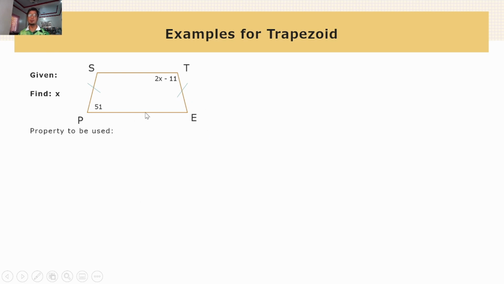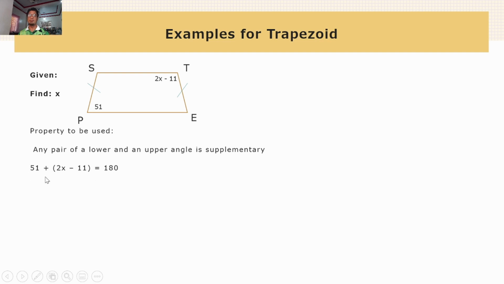Now, property to be used. Sa isosceles trapezoid natin, ano nga yung property na pwede natin i-apply? Any pair of a lower and an upper angle is supplementary. So kahit anong pares daw, basta magmumula sa lower angle at upper angle, they are supplementary. Ano nga yung supplementary? Pagka inadd natin equal sa 180 degrees.